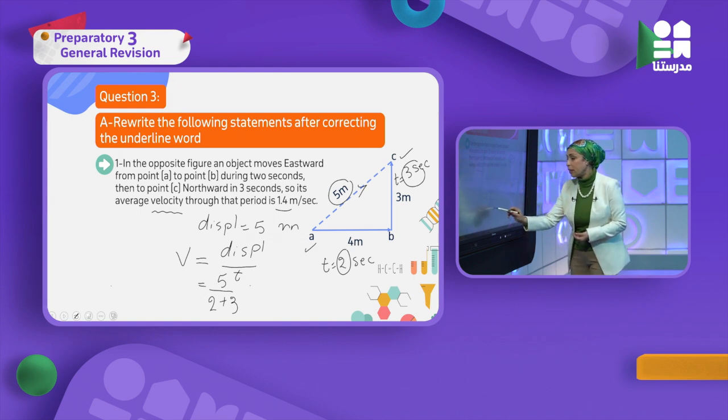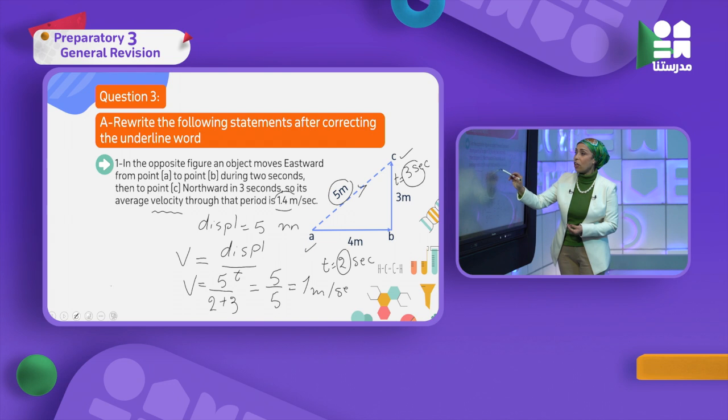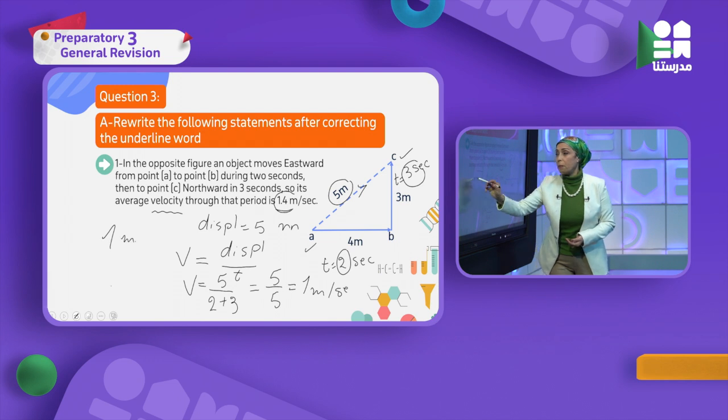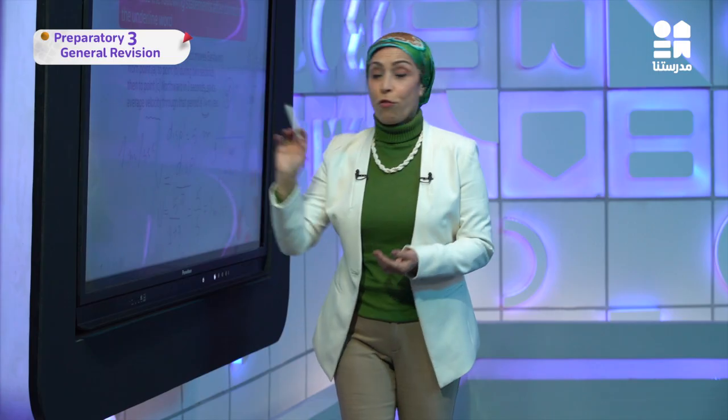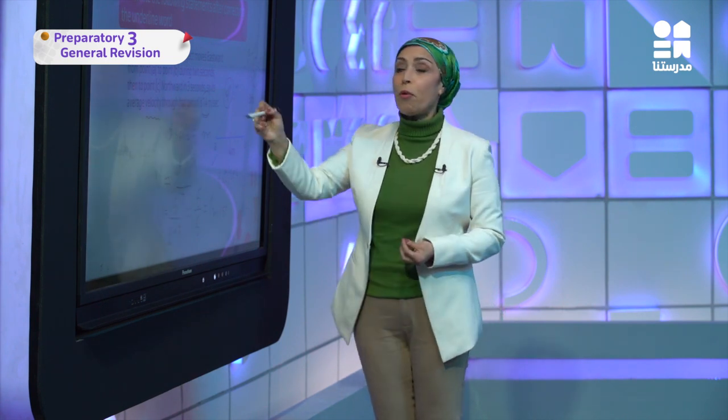So the answer is 5 over 5, which is 1. The unit of velocity is meter per second. So the answer here is not correct, and I have to correct it. The actual answer is 1 meter per second. Of course this is a kind of problem, and I have to solve it and then rewrite the question.